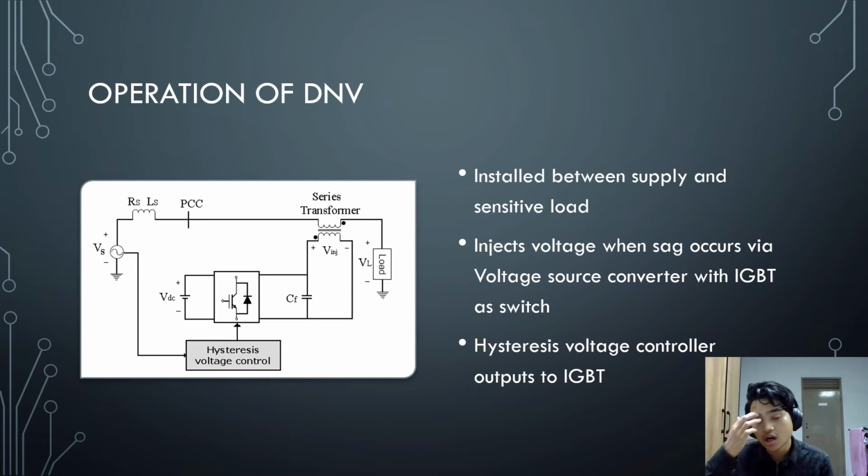So basically, how it is done is there's a voltage source converter that supplies this, and it is controlled by an IGBT. The IGBT acts as a switch. The hysteresis voltage controller will output to the IGBT according to when the voltage sag occurs.